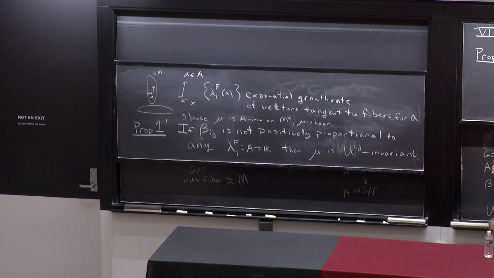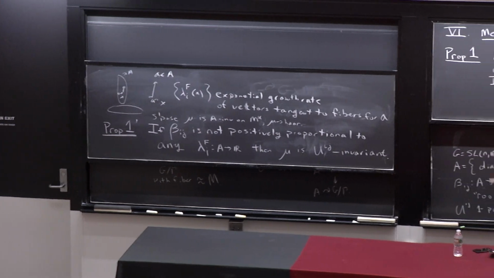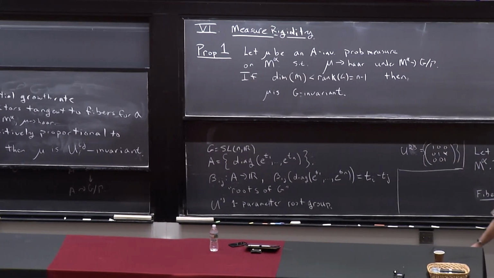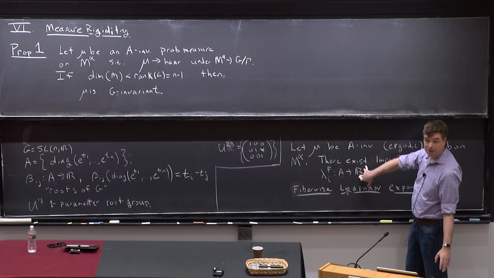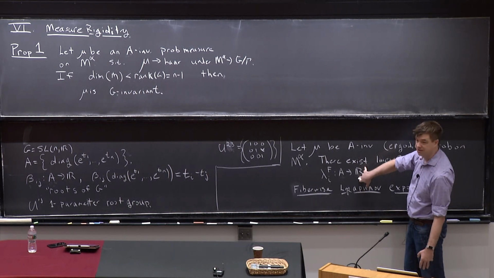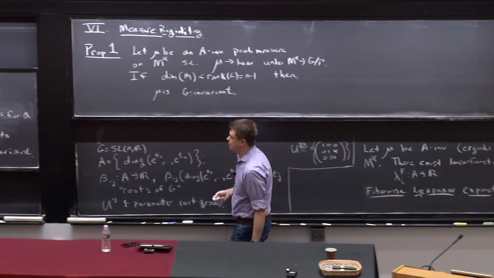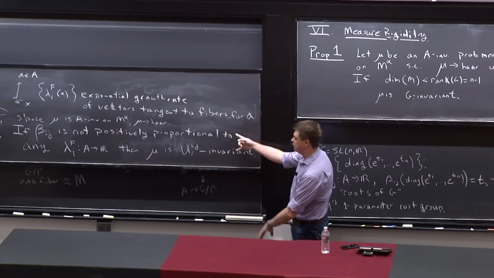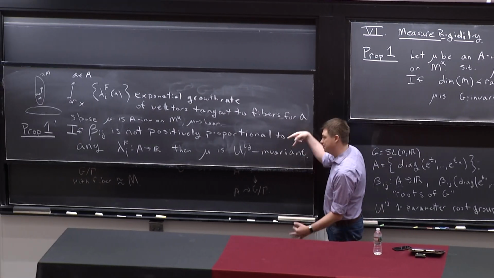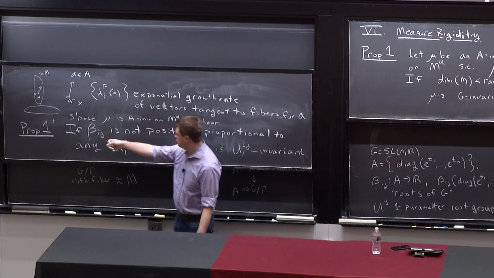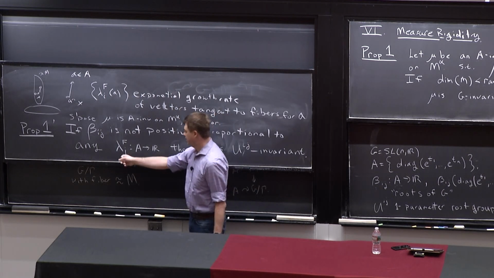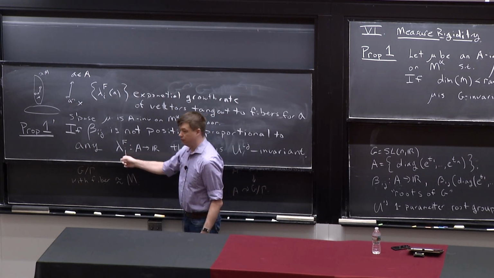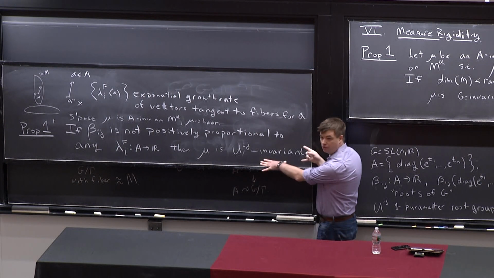So the philosophy behind this is that coming from algebra, you have linear functionals, just coming from the structure theory of semi-simple Lie groups. Coming from the dynamics, you also have some linear functionals which say something about what's happening to the nonlinear dynamics in the fiber. And the philosophy behind this proposition pops up in a lot of our work, which is that if the algebraically defined linear functionals are not positively proportional to the dynamically defined linear functionals, then you get some extra invariance of your object.